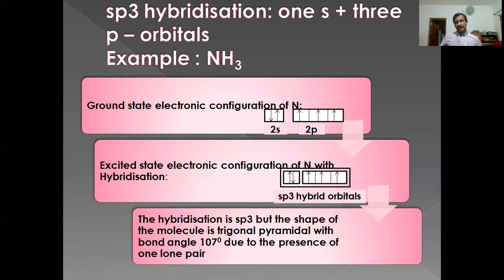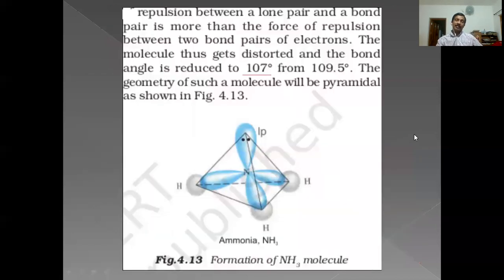So in the case of NH3, the hybridization is sp3, the structure is pyramidal, bond angle 107 degree, and the decrease in bond angle is due to the presence of a lone pair in the central atom, that is in nitrogen.